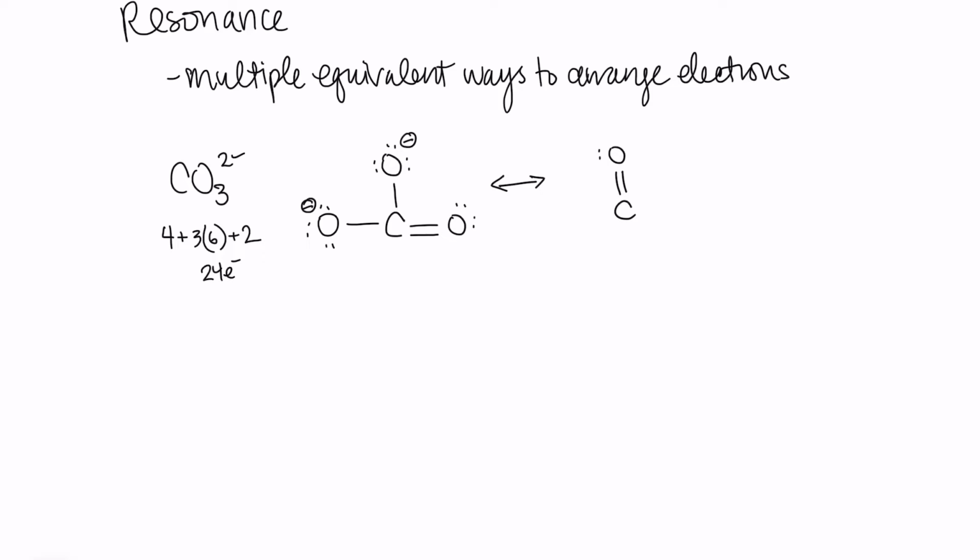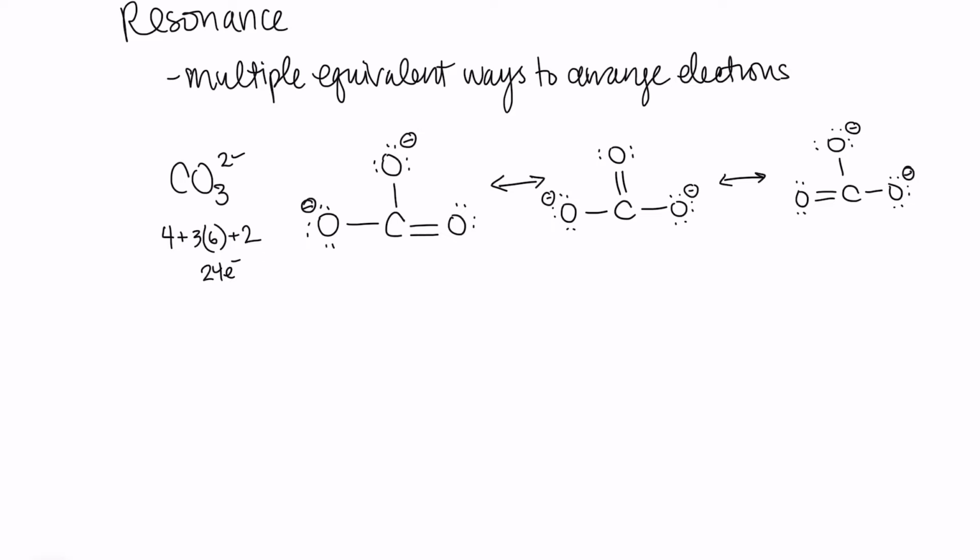So for example, I'll have one with the double bond on the top, and I'll have one with the double bond on the left. So those are my 3 resonance structures for carbonate.